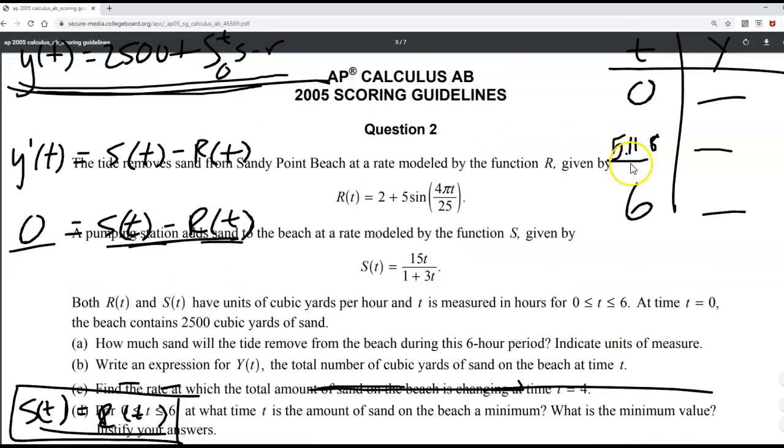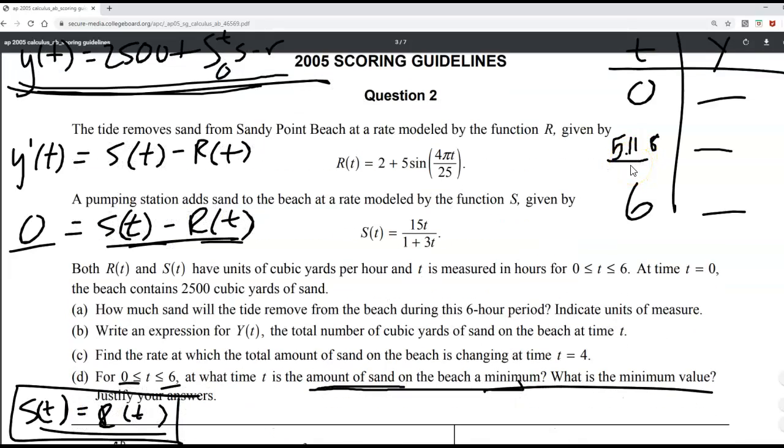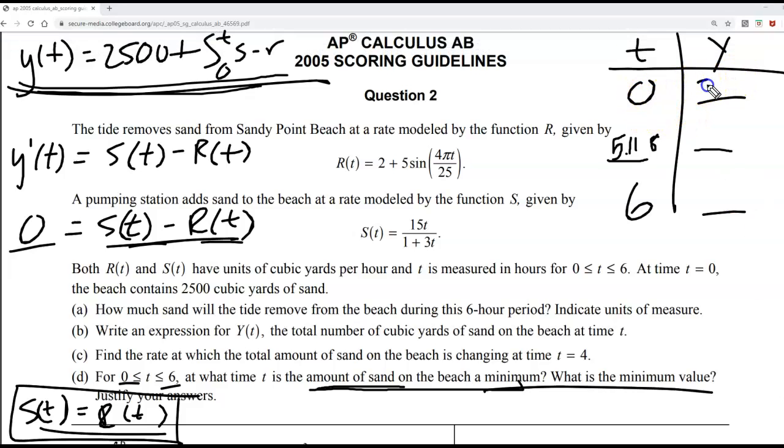Now this first one's pretty easy. They're just asking us what is the amount of sand at time 0. Well, they tell us that it's 2,500. So we're good there. Now for these other two, though, we're going to have to plug it into this expression here.